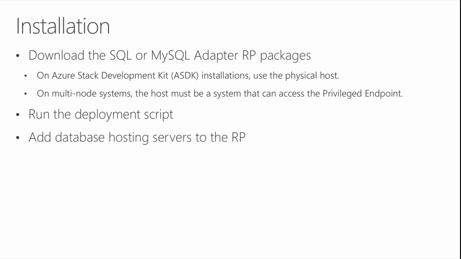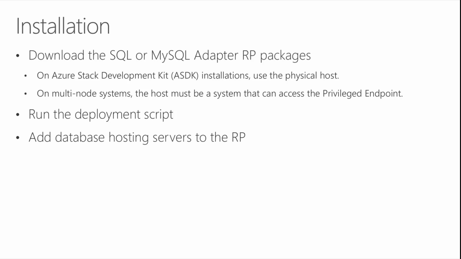Think about it just like a Microsoft admin would access Azure in the back end. We have very secured systems, and depending on your requirements, that's a whole other discussion, but you want to make sure that it's a secure system when you're doing privileged operations like accessing the privileged endpoint. You run the deployment script and then add the database hosting service to the resource provider.